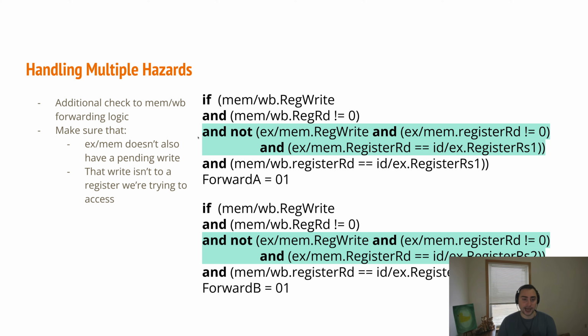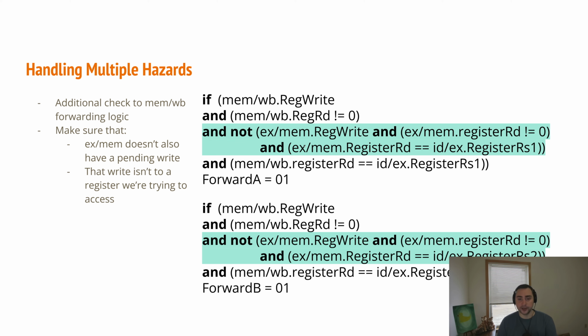So that's what this highlighted box is really doing. It's just making sure that in order to forward from this mem writeback pipeline register, I can't be forwarding from our execution mem pipeline register. So you can see here in this check, we have a check to see if we're forwarding from execution mem already. So if execution mem is doing a write, if the write is to a valid location, and if the destination is equal to the source, that is.